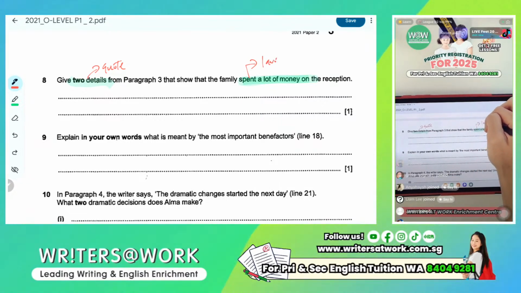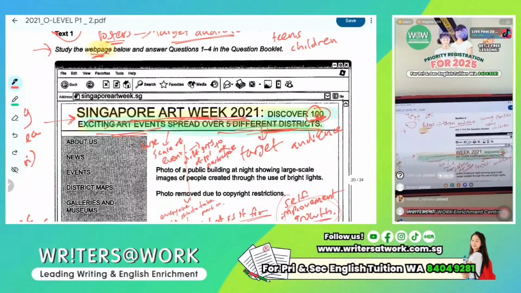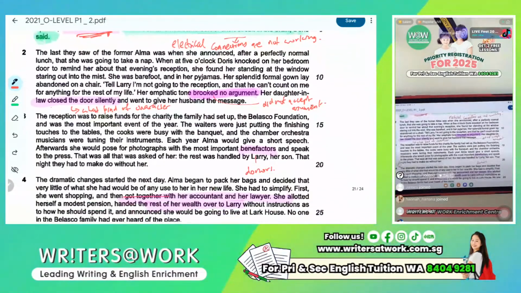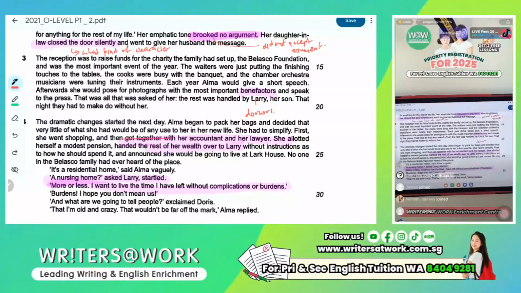For example, lavish, extravagance, etc. There will be some description of the money that was spent, right? So looking at our text, you can even see here chamber orchestra musicians were preparing the equipment, the cooks were busy with the banquet, and they have waiters also, right? Waiters of befitting.